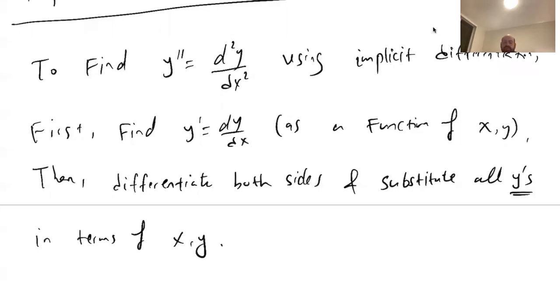Because once you have y prime as a function of x and y, then if you differentiate one more time, on the left-hand side you will have the derivative of y prime, which is y double prime. And on the right-hand side, you have a new function. In your new function, it's possible that y prime will appear. But y prime, we already know what it is as a function of x and y, so we can substitute it. I'll show you how.